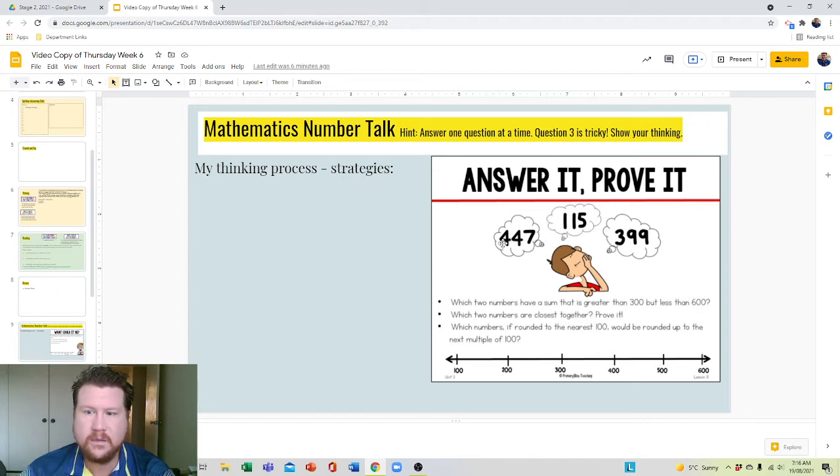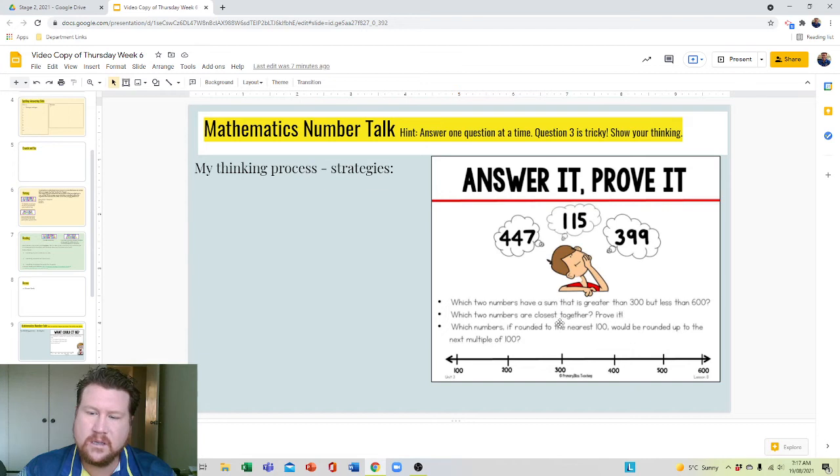So, which 2 numbers of these have a sum? Does sum mean them to each other? Greater than 300 but less than 600. So it can't be those 2. Definitely cannot be that, because 300 plus 400 is 700. So cross those out. It's either those 2 or those 2.